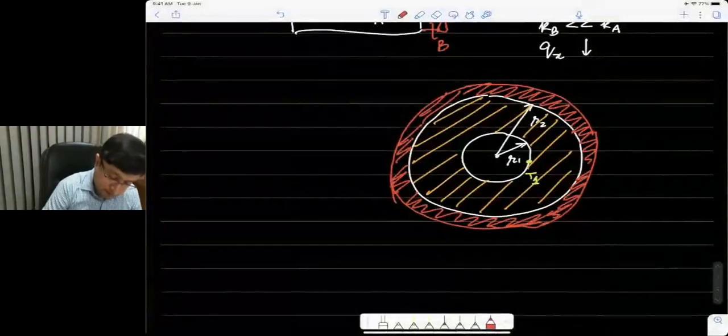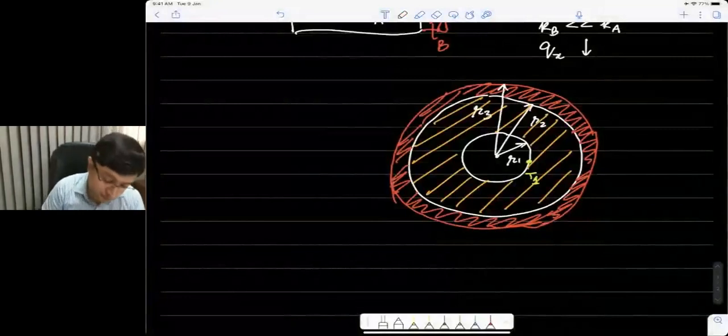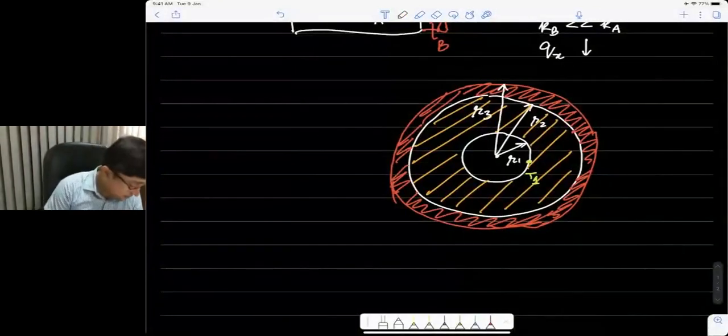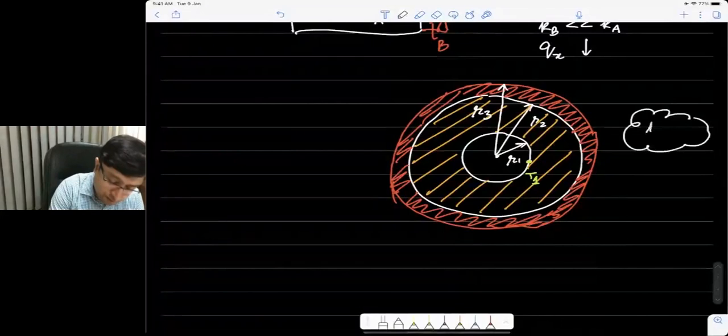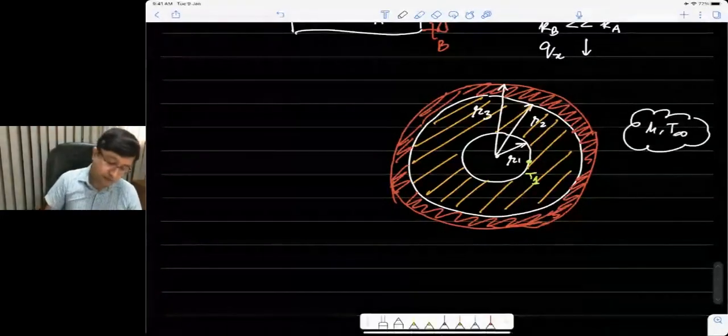So the outer radius, I should say, of this layer is, let's say, R3. Now, say that the cylinder is exposed to a fluid which has a heat transfer coefficient of H, temperature T infinity.